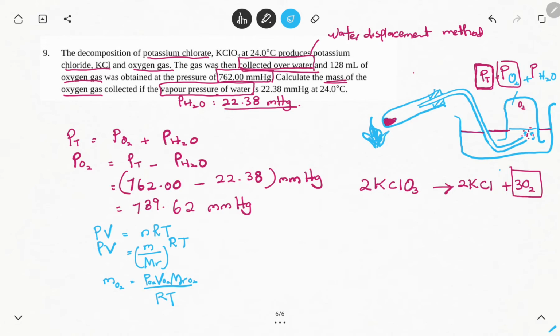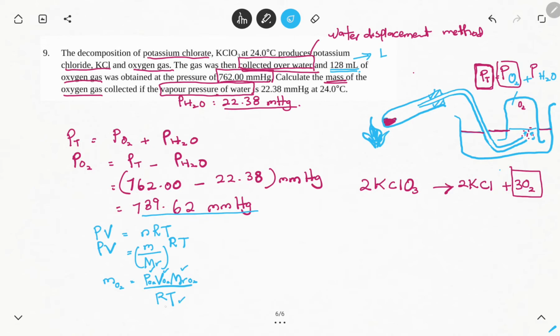But before that, we need to choose the correct gas constant, R. The pressure of oxygen gas is in millimeter mercury. The volume is given in milliliter, so we need to convert the volume to liter. The molar mass of oxygen gas is 32 gram per mole.